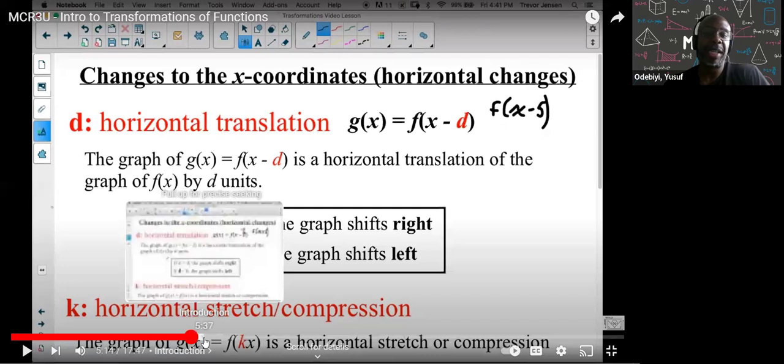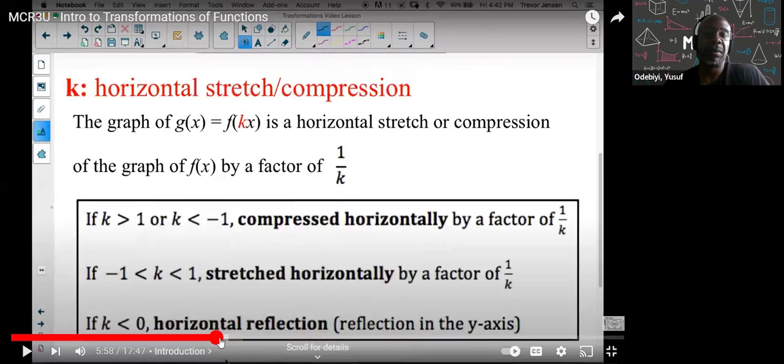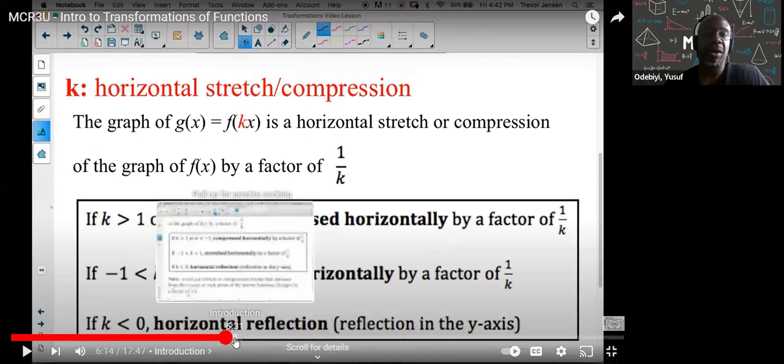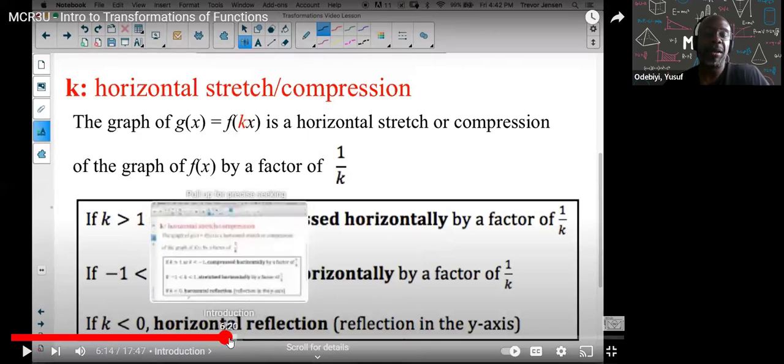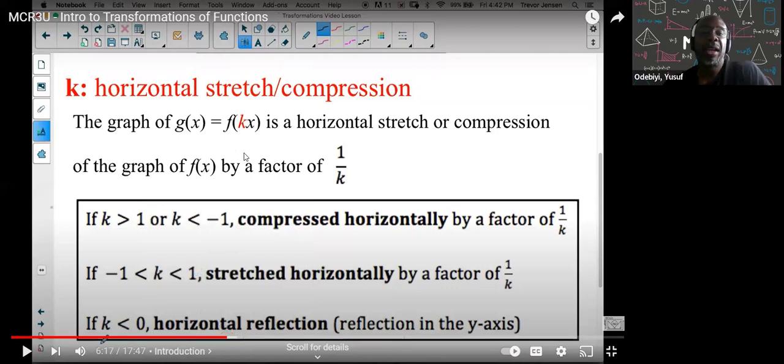Okay, so let me fast forward. We have to get through this before 10. Okay, so now here's the tricky one. The horizontal stretching and compression. Why it's tricky is because you have to remember that the stretch and compression is based on the K being 1/K.